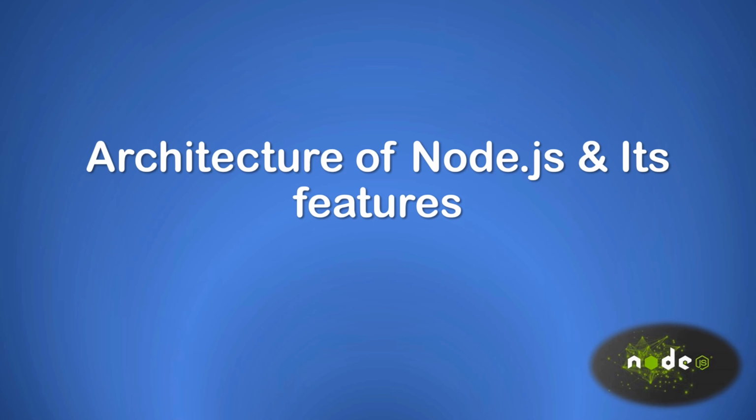Today I'm here to explain all about the architecture of the Node.js framework and its features. First, the main aspect of programming in Node.js is to understand the internal mechanism of the framework.